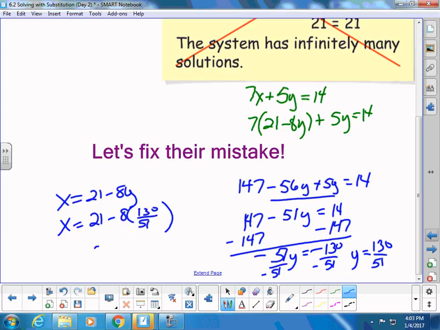I think I get 31 over 51. Let me just verify it one more time. 21 minus 8 times 130 divided by 51. Yeah, 31 over 51. So that would be our x value. So my ordered pair is really ugly. It's 31 over 51 and 130 over 51. That's not pretty.